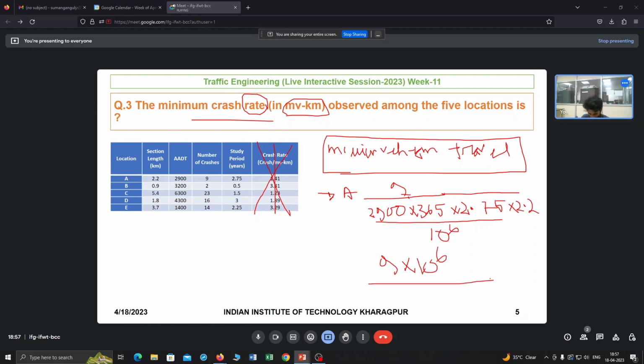Let me calculate the number that will be coming: 2900 into 365 into 2.75 into 2.2.